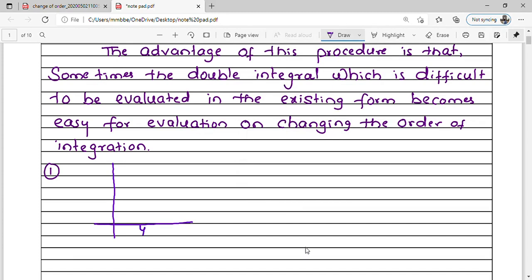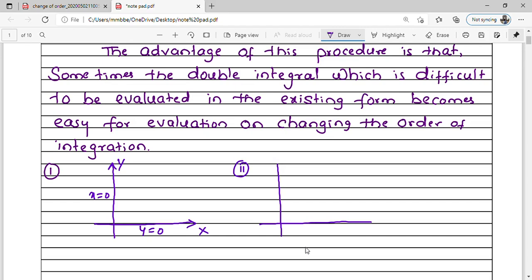Here y equal to 0 and here x equal to 0. This is the y direction. The second one: this is the y axis, this is the x axis.